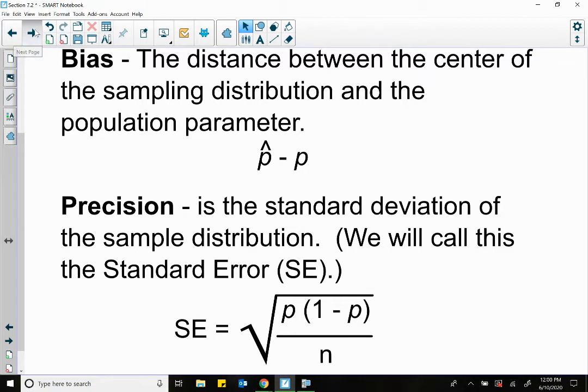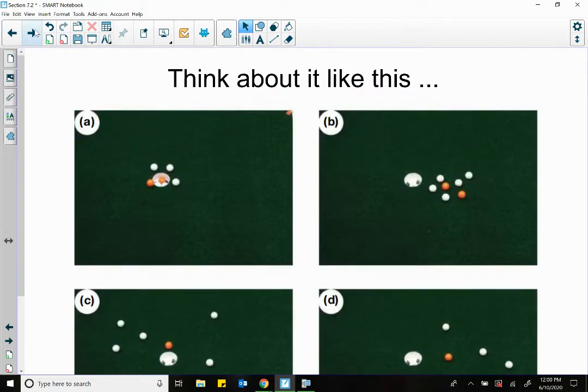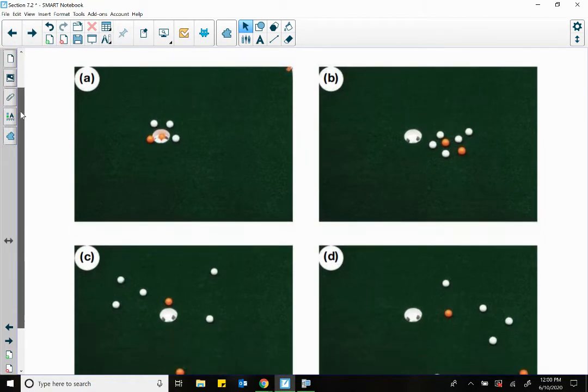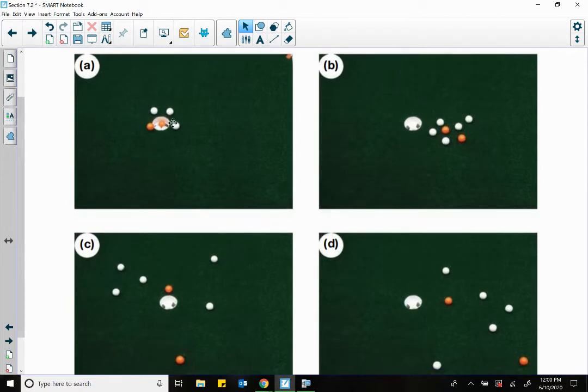So moving on, I want you to think about bias and precision in this kind of idea. This is a golf metaphor. You can see the cup, and each one of these represents a shot towards the cup. In golf, they use what we call accuracy and precision. Think of accuracy like bias. Accuracy means that we want to be exact or close to the population parameter.